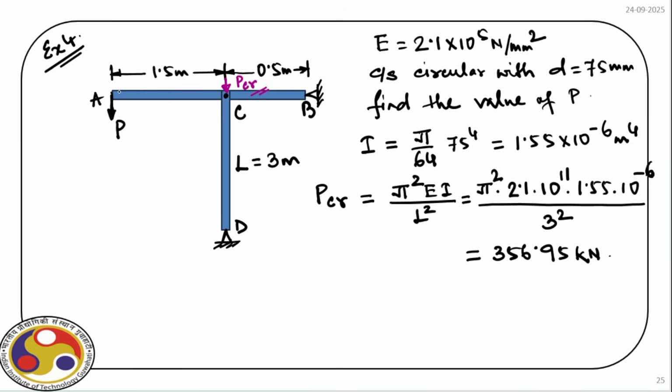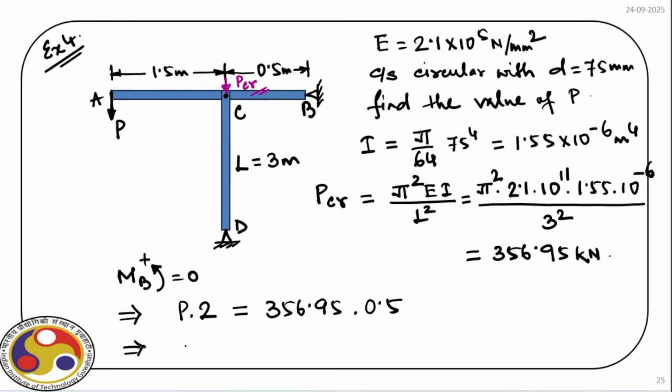So now, given the arrangement, you can see the beam has a length of 2 meters. So if we consider the moment about B and satisfy the equilibrium, what we get is P times 2, that is the lever arm, is equal to 356.95 times the lever arm, which is 0.5.